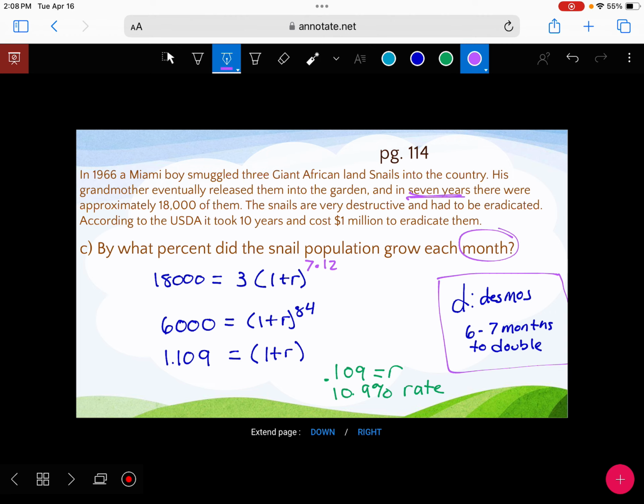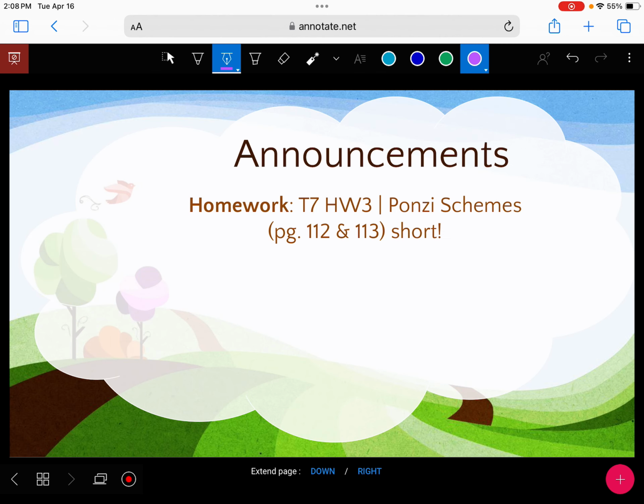It even says right there, optional for additional challenge. It's an extra hard problem. Assuming that the cost of eradicating them is proportional to population, how much more would it have cost them if they stopped for another year or if they started a year earlier? So we're looking at a ratio there. But that's not a super thing. We did the part that we really needed to do here.